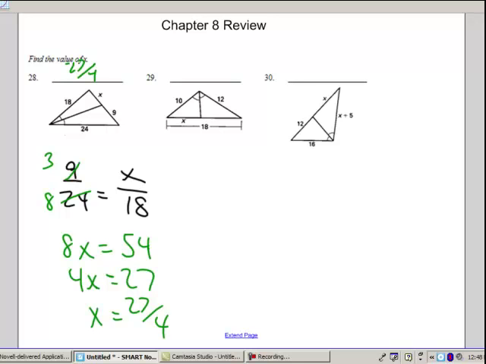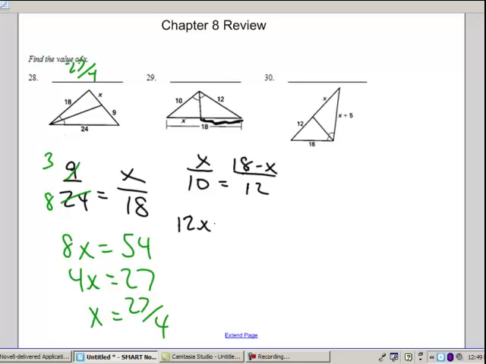All right, the next one, I can still do the side splitter. The left-hand piece, x, compared to 10, is equal to the right-hand piece. Well, how much more do I need? Or what is the value of this? I don't know, but in terms of x, it's 18 minus x divided by 12.